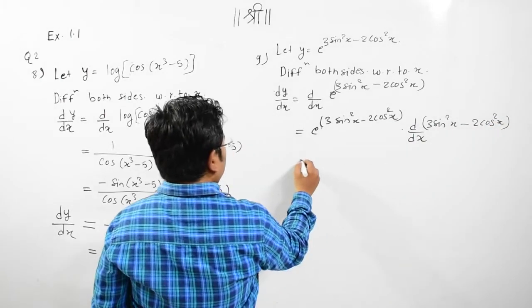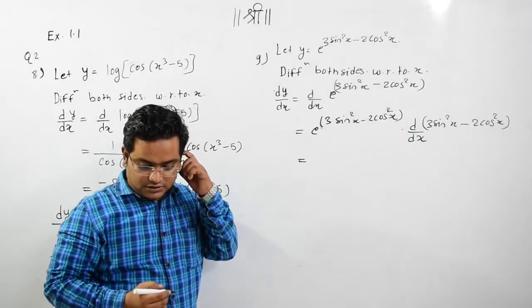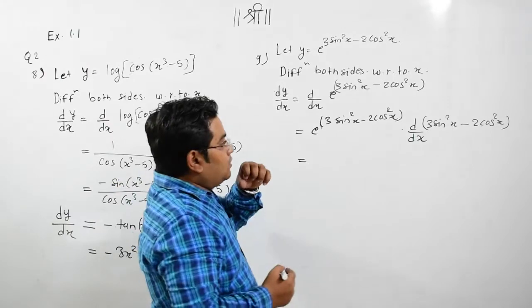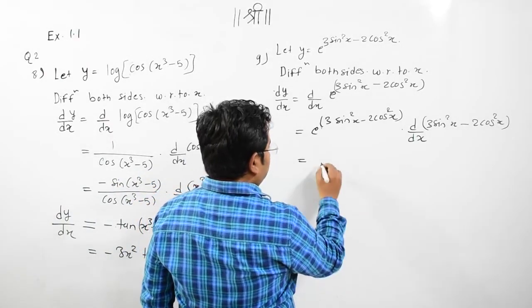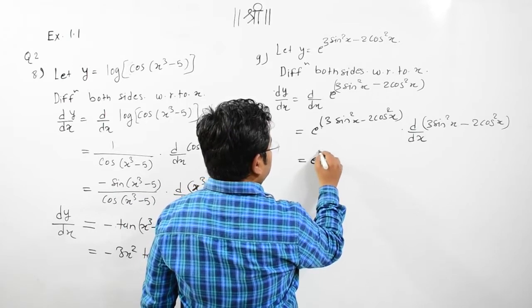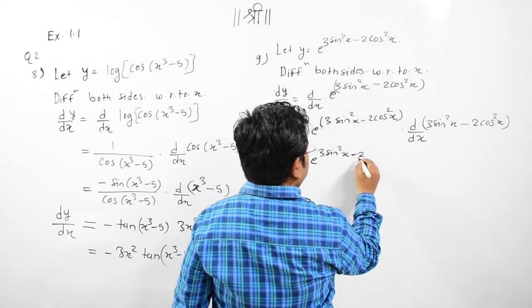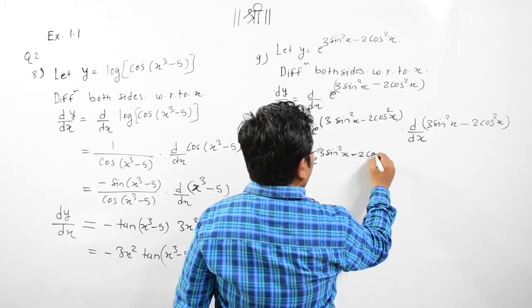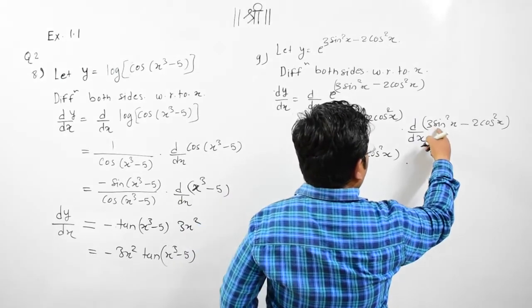Now the next step. We need to focus at that point. Up to this step is good. Now e raised to (3 sin²x minus 2 cos²x), dot the derivative of this.